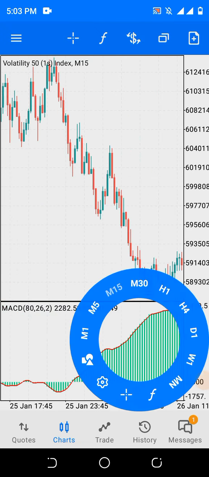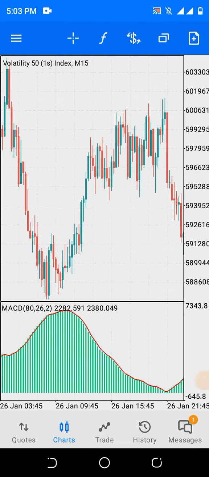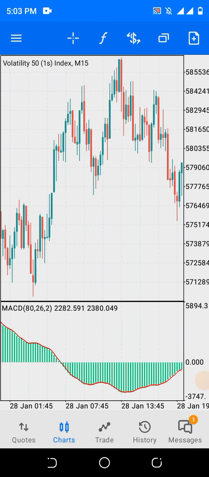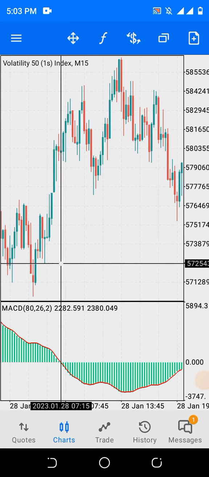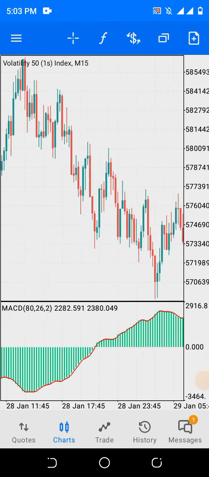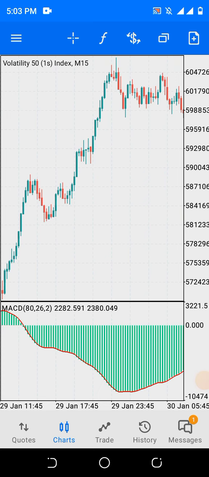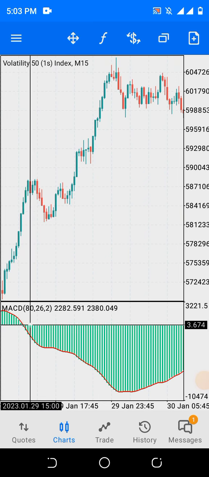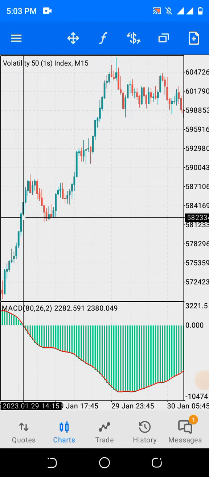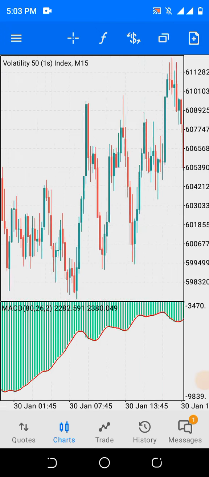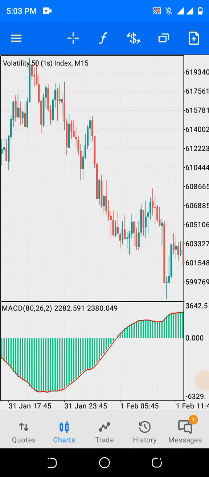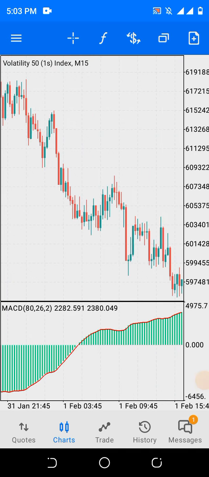So we proceed. Here is another entry, and another entry. Wherever the MACD crosses from up downward is our entry. That is a buy entry, and you record your profit. So this is how we do it for an uptrend.